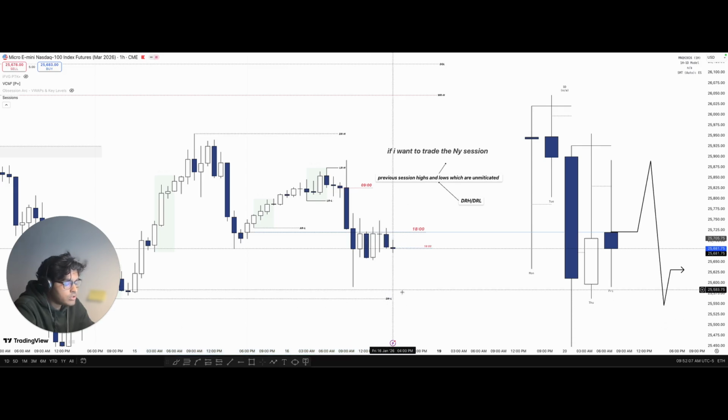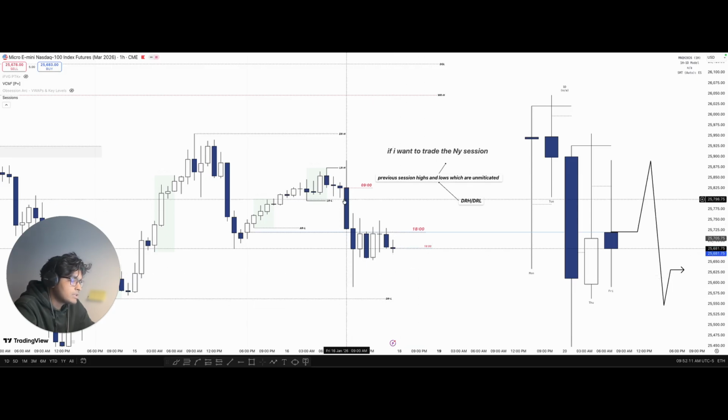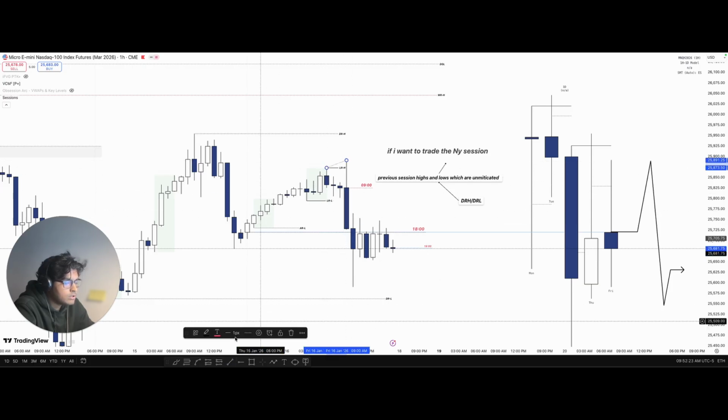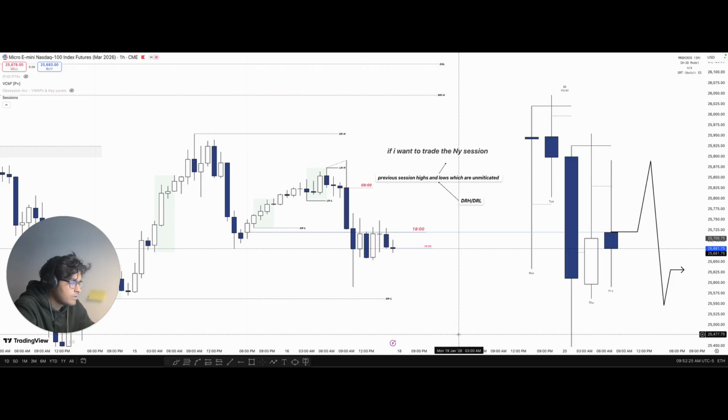This is our original liquidity where the price wants to go. When the 9:30 a.m. opened, it went up higher, took out the London low, and then rejected lower aggressively after creating an SMT with ES.